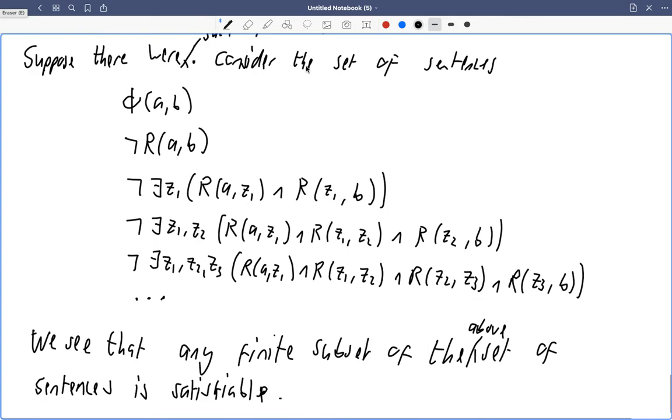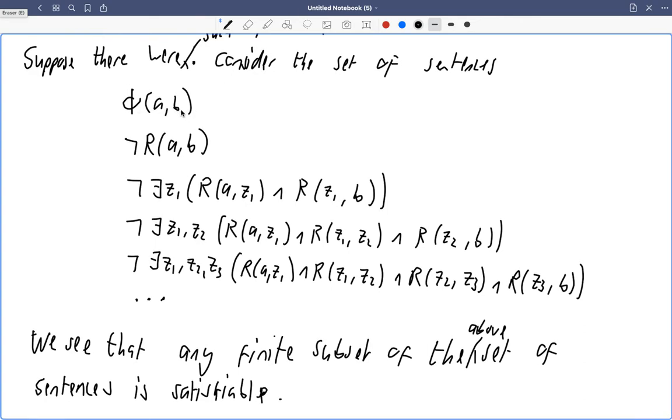Because if it does, then this says B is reachable in some finite number of steps, but if we've got all infinitely many sentences here, every single one of them, then if B is reachable from A in some finite number of steps, that number of steps must be some n, and there will be some sentence here saying, but actually B is not reachable from A in n steps.